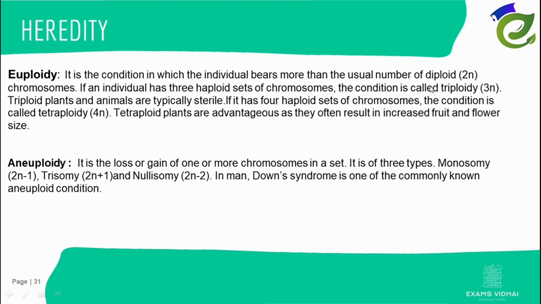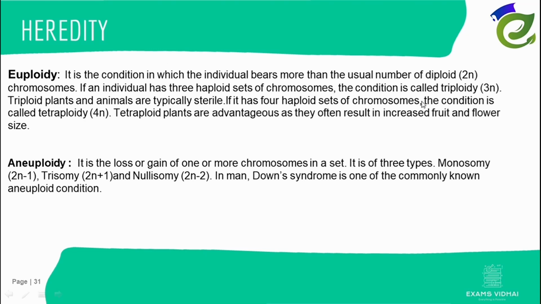So generally there are triploidy and tetraploidy, 3n and 4n. They are generally greater than 2n. If 2n is the usual number, that's the normal one. If they are more than 2n, I mean 3n or 4n, then it's called abnormal. So if they are in that way, it's called euploidy.